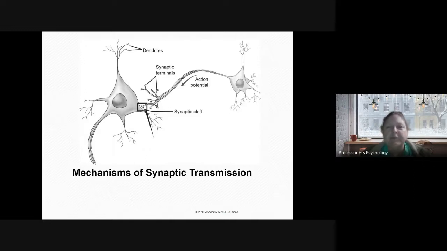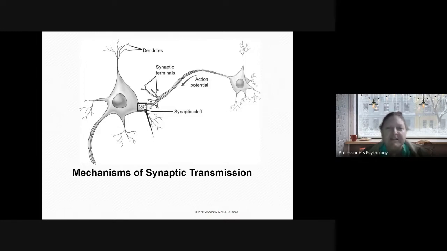Once this neuron has received enough stimulation, it changes the charge of the inside of the cell, and an action potential will fire. In other words, it sends its signal rushing down this axon down to the synaptic terminals.